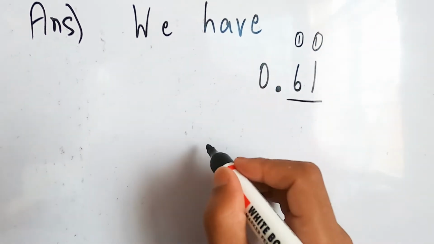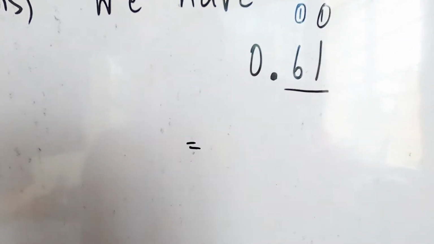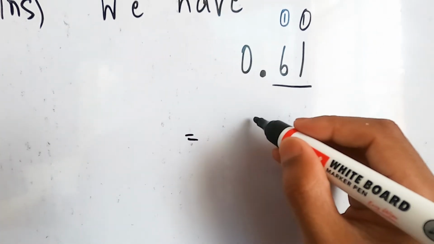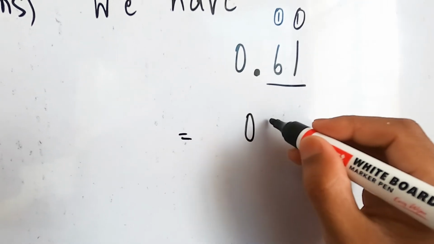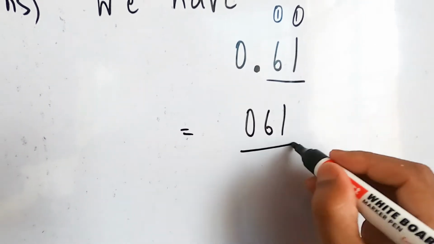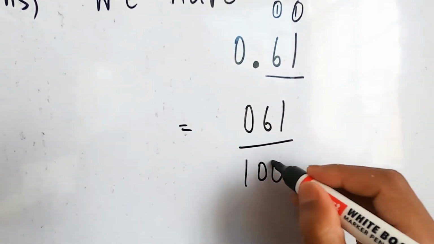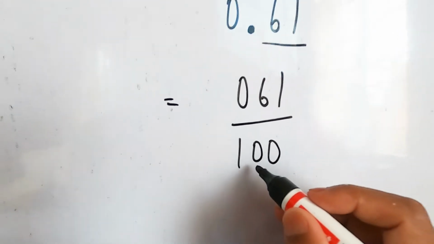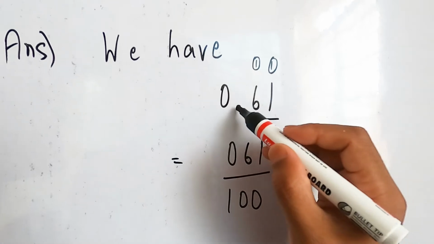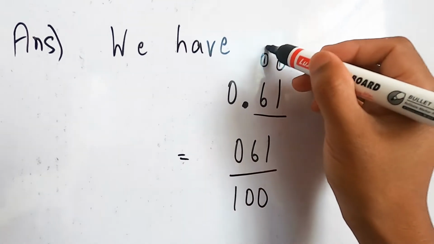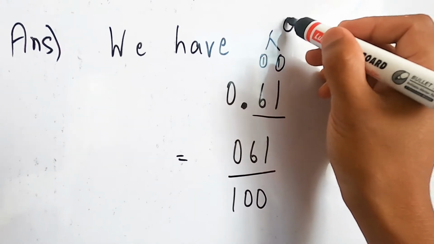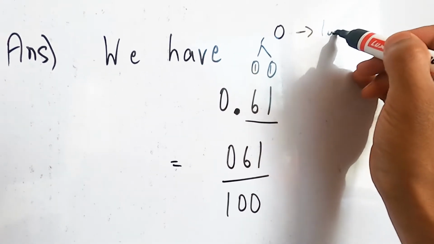So when we remove the decimal point it will become 61 divided by 100. Why 100? Simply because behind the decimal point there are two numbers, so the number of zeros will be 2.